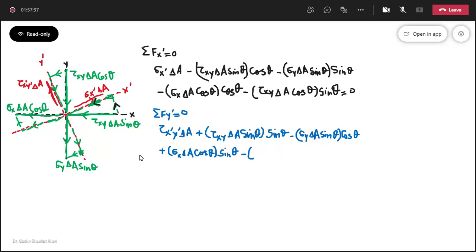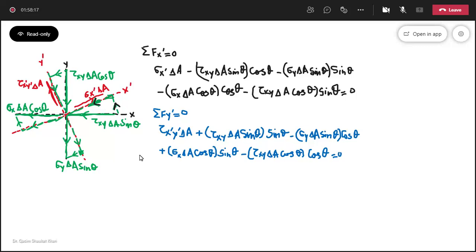So minus tau xy delta A cos theta, and the component will be cos theta. And the sum of these should be equal to 0.